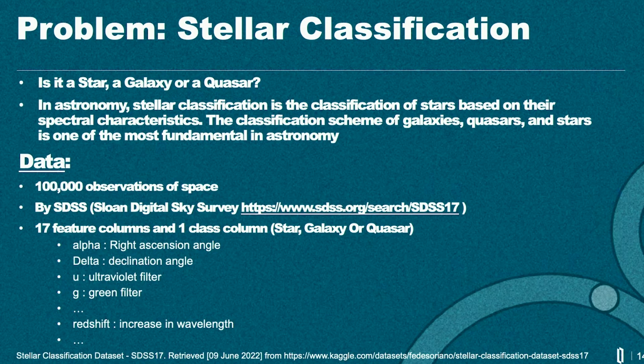One of the things that I wanted to use to demonstrate this ability to use integrated ML inside our InterSystems Iris cloud portal is an age-old problem, because this is, for astronomers at least, a very fundamental problem.